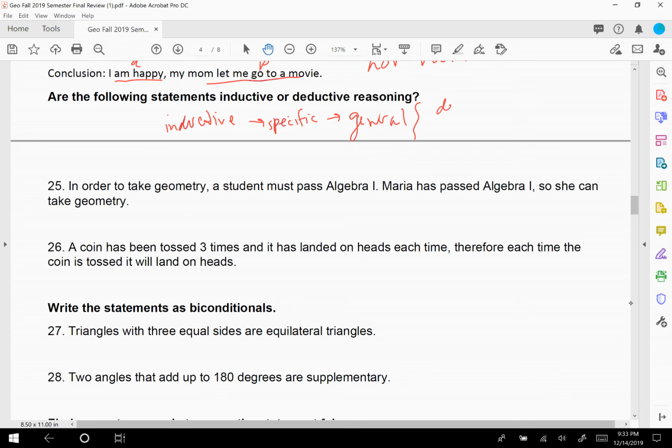And then deductive is where you have a general rule and you bring it to your specific situation. Okay, so in order to take geometry, a student must pass Algebra 1. Maria has passed Algebra 1, so she can take geometry. So it starts off in general, and then it goes specifically to Maria. So this is deductive.